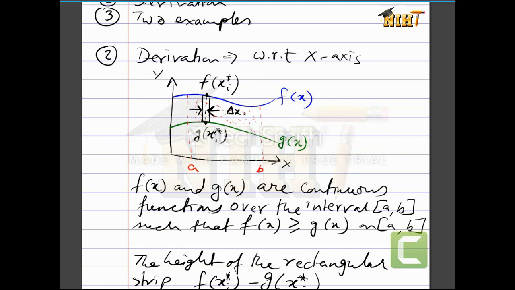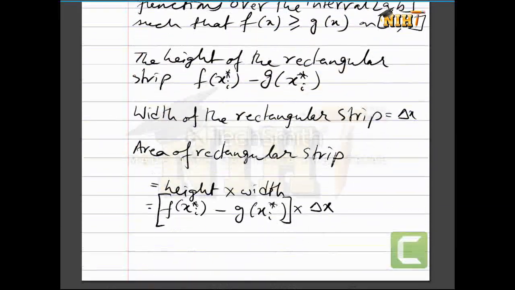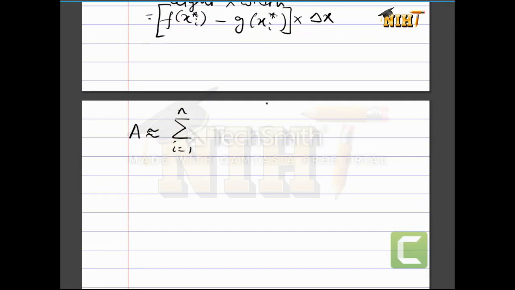So the total area would be the summation of all those little tiny areas of the thin strips, given by this expression.